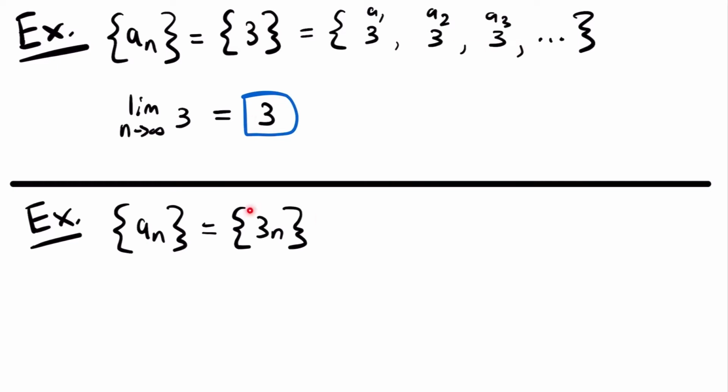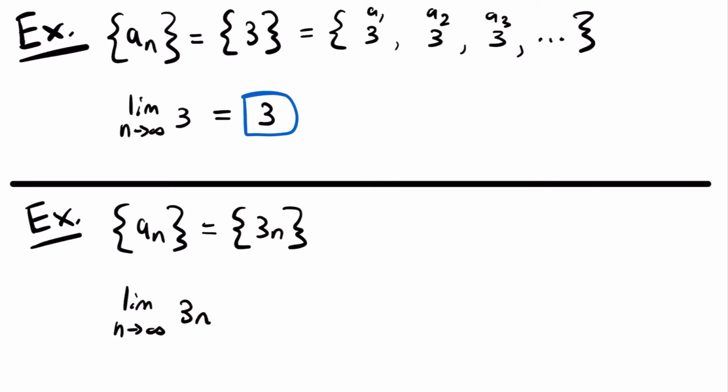Now if we look at our next example, we have the sequence a sub n is equal to 3 times n. If we want to determine the convergence of this sequence, we can take the limit as n approaches infinity. So we have the limit as n approaches infinity of 3n, and if we look at this expression as n approaches infinity, this whole expression is just going to increase towards infinity, right?